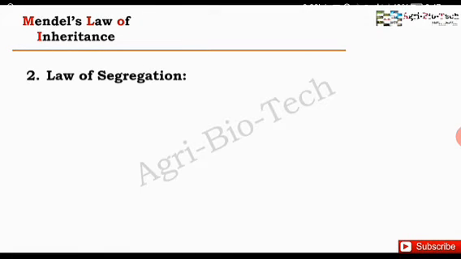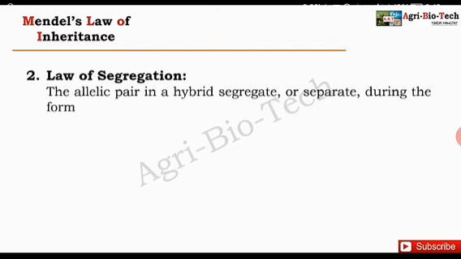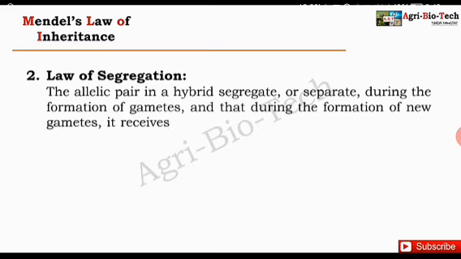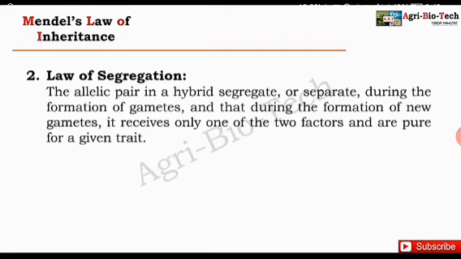So let's see the second law, which says the allelic pair in an F1 hybrid segregates or separates during gamete formation, and during the formation of new gametes it receives only one of the two factors and is pure for the given trait.